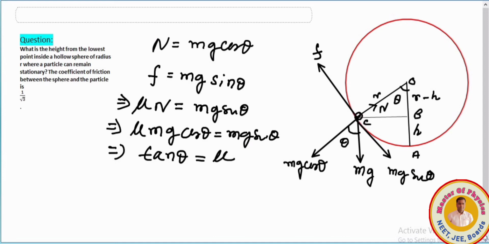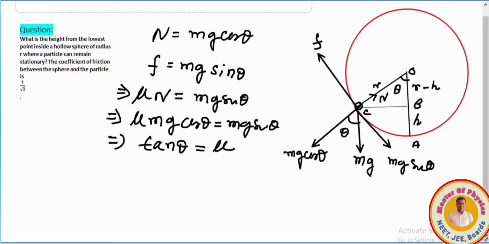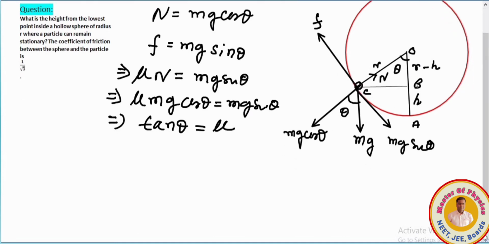Now we have to find the height AB equal to h. From triangle BOC we get cos theta equals base by hypotenuse.